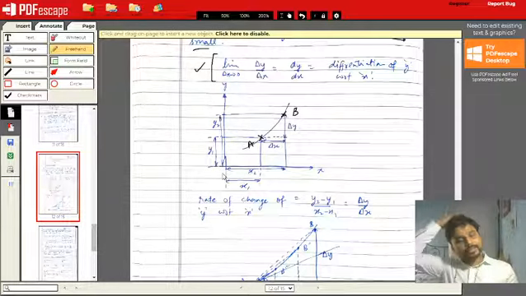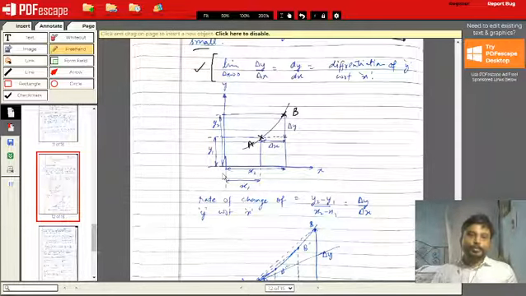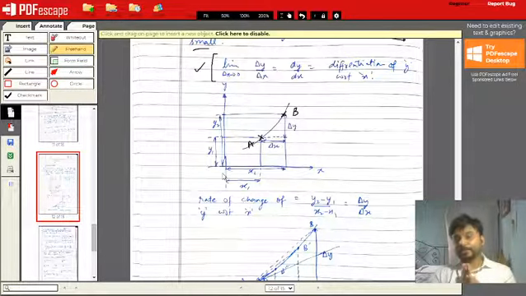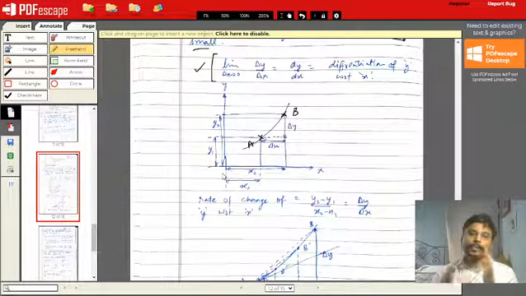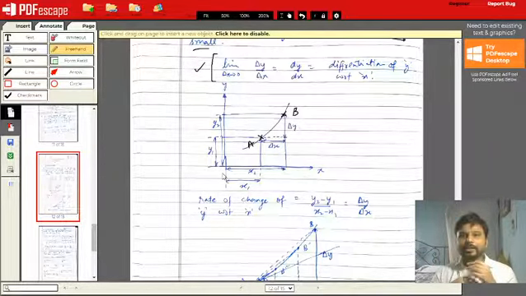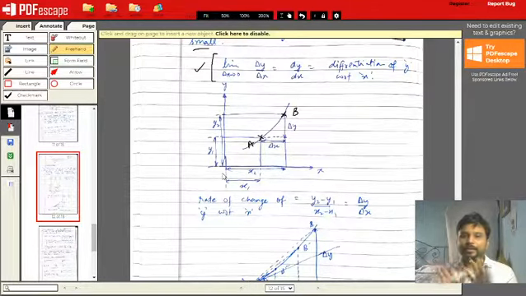Imagine that we have to judge the rate of change of y with respect to x. What do we mean by rate of change of y? It means that if y changes from y1 to y2, then the change in y is y2 minus y1. So how much change has occurred in y when a corresponding change in x has occurred?